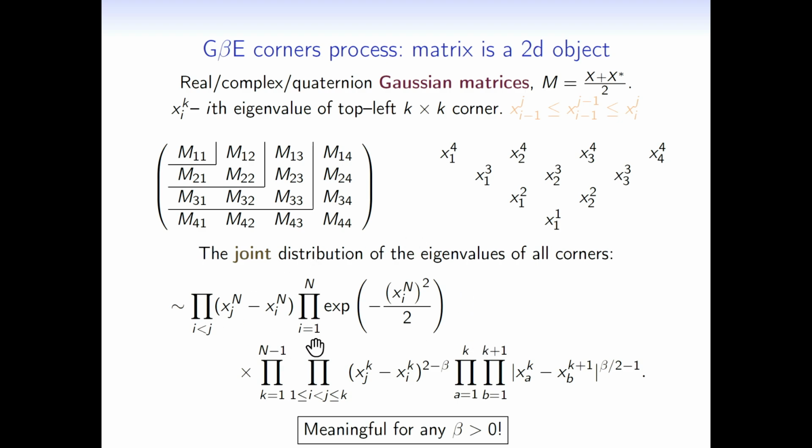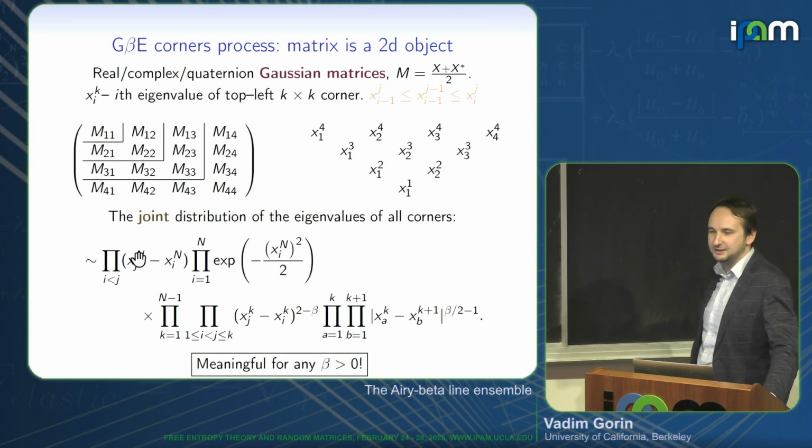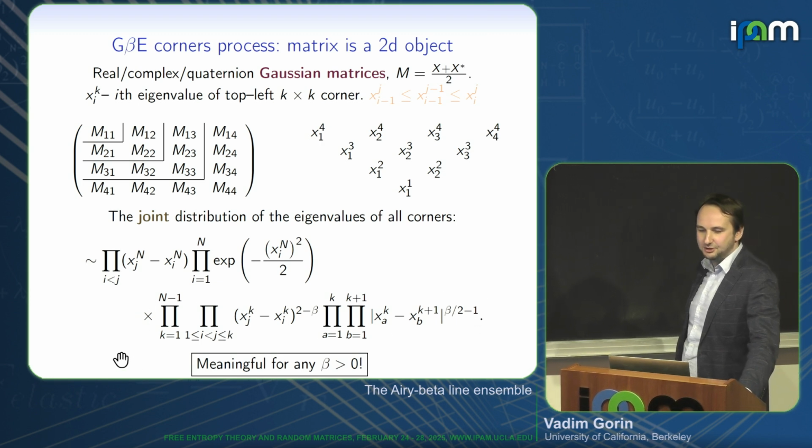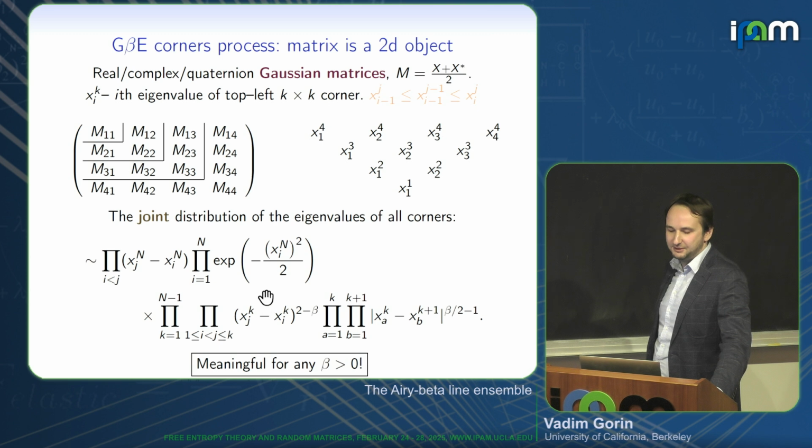So there is this factor in front, the top row, which is very similar to what we had in the Gaussian beta ensemble. And that governs the top row eigenvalues. And then for other rows of eigenvalues, there are interactions between those. So eigenvalues will interact inside each row by (xi minus xj) raised to the power 2 minus beta.